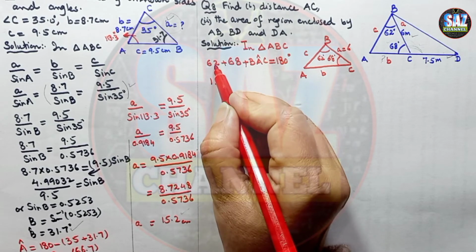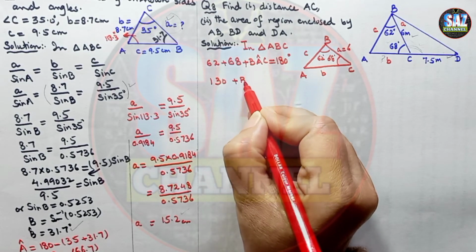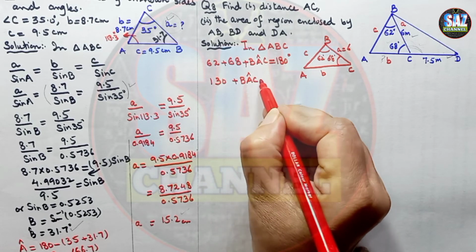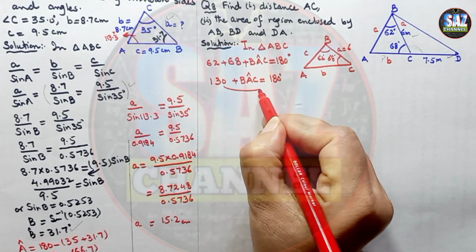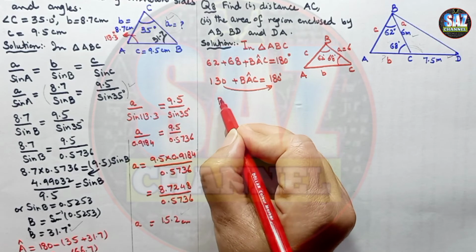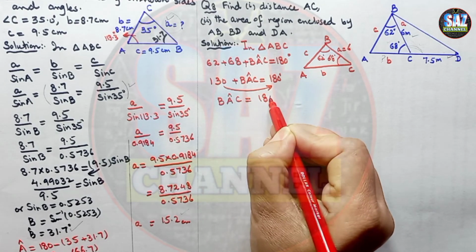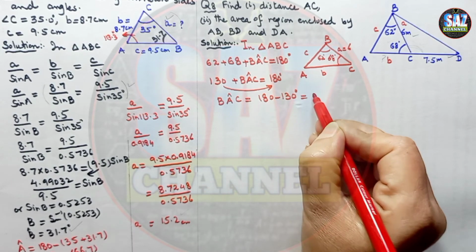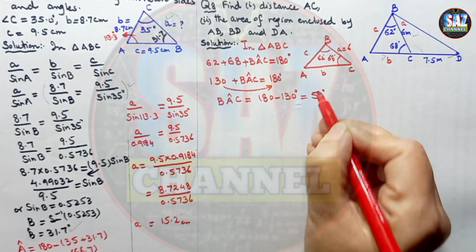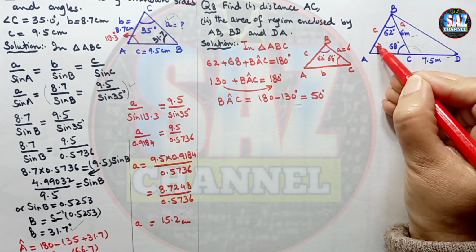And 130 plus BAC equals 180 degrees. And now shift 130 to the other side. BAC equals 180 minus 130 degrees, which is equal to 50 degrees. So it means this third angle is 50 degrees.